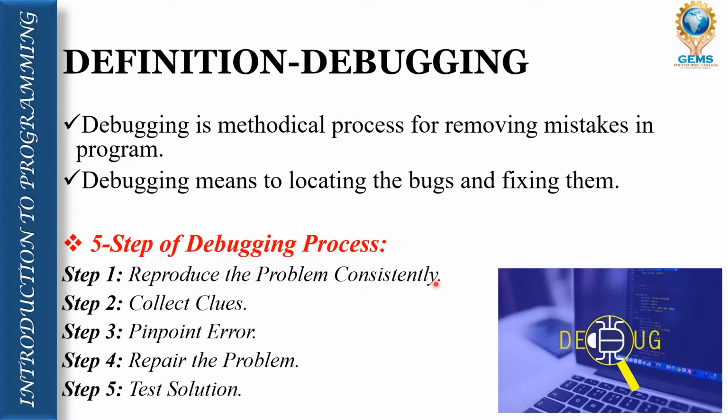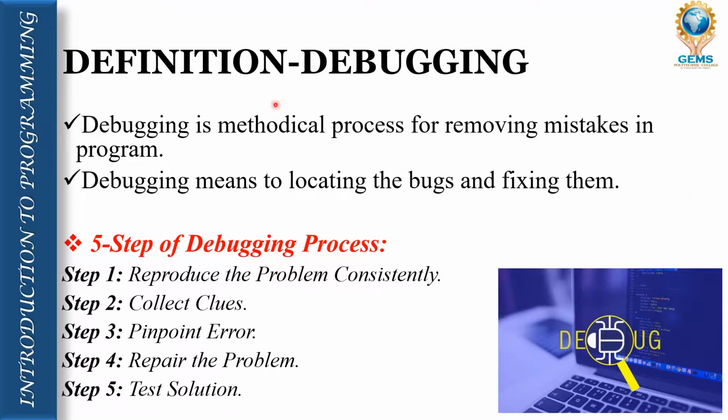We have to check which type of error is there and what is the pinpoint. Repair the problem. We have to repair the bugs or problem or error, and then after repair, again we have to test the solution. So these are the five steps for the debugging process.